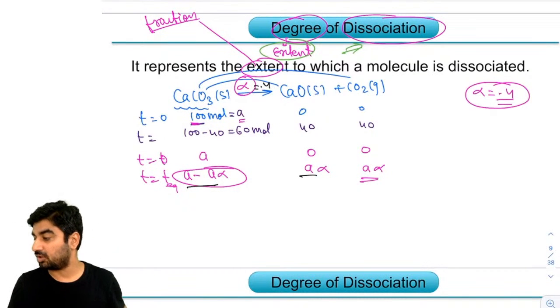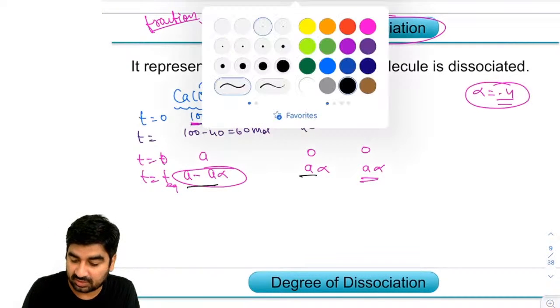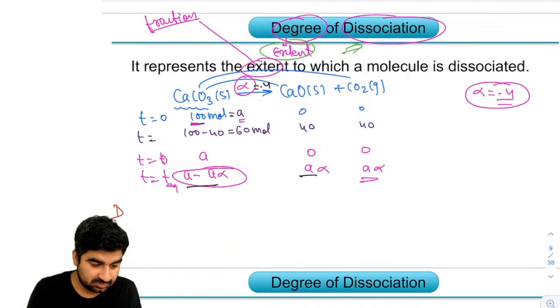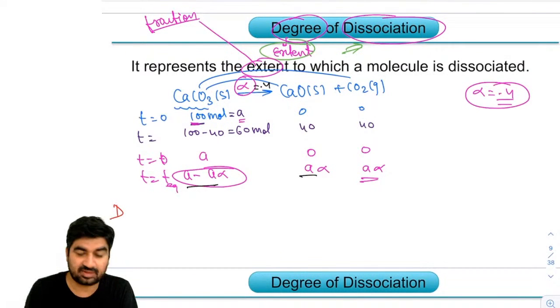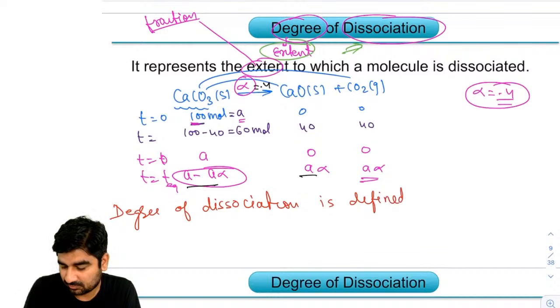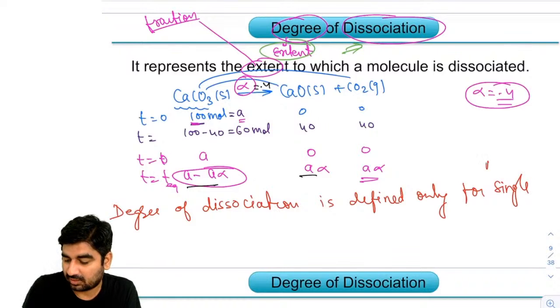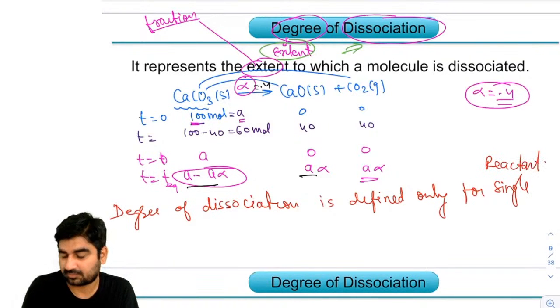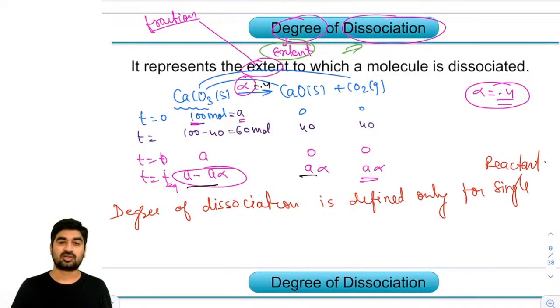Guys, note it down: degree of dissociation is defined only for a single reactant, because a single reactant will dissociate into smaller ones.